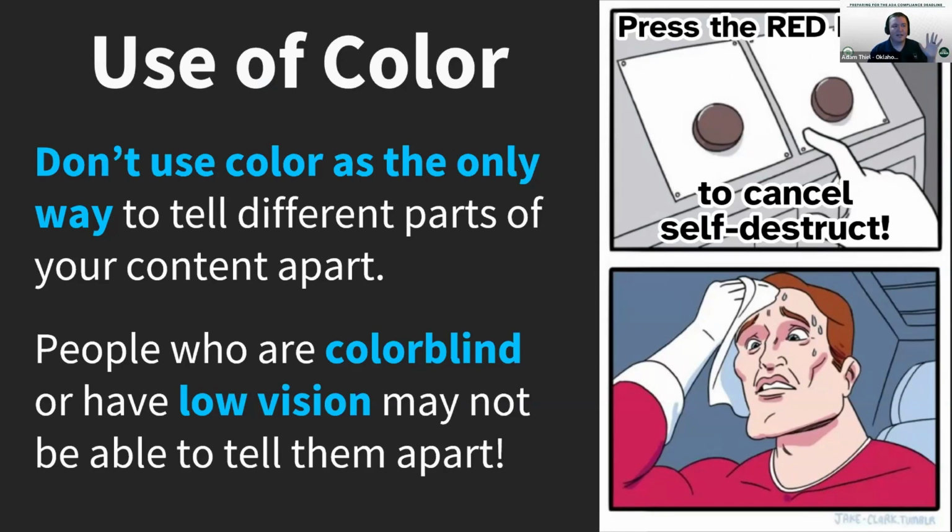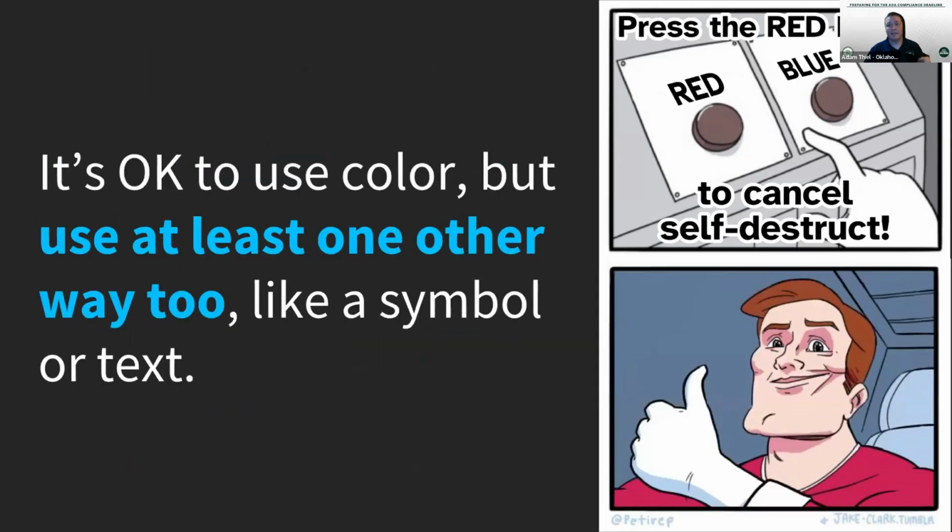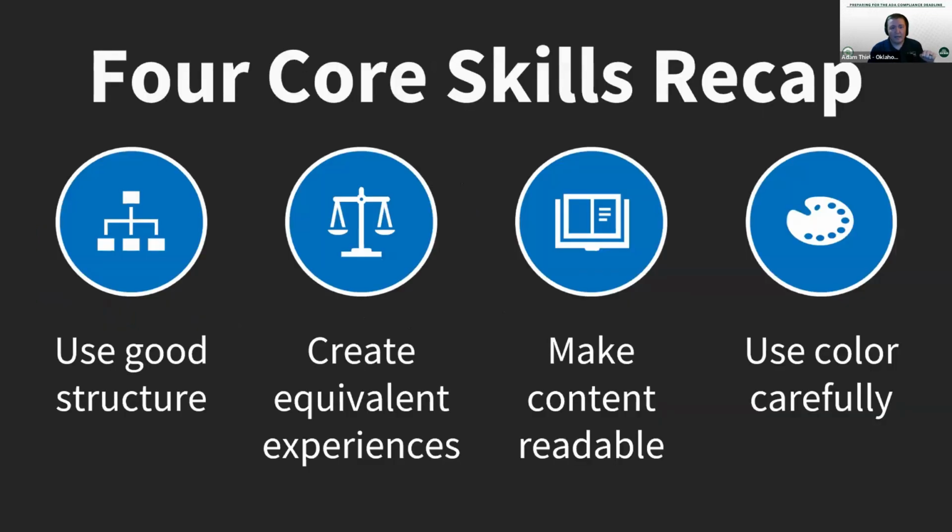Which button do I push, right? It's because this guy's colorblind. He can't tell the difference, right? And so instead, if it just has the words for what each color is, or if it had a symbol for red and a symbol for blue, just some other way to tell those things apart, then that doesn't become an issue anymore. And yeah, that's it.